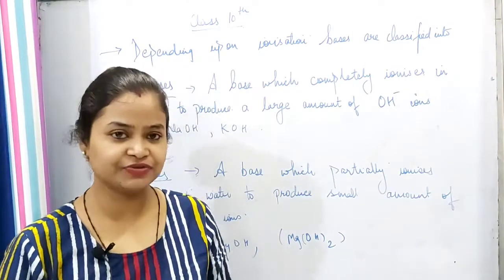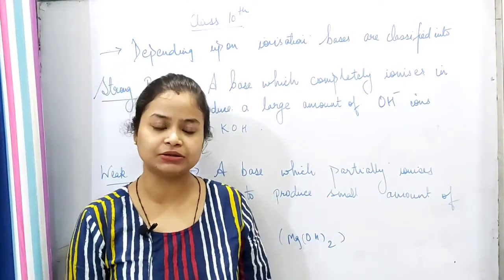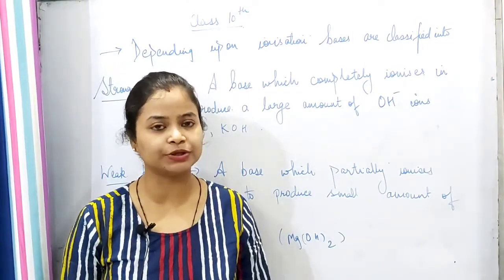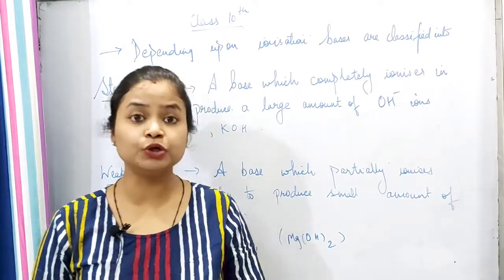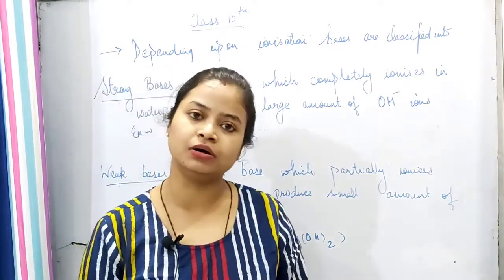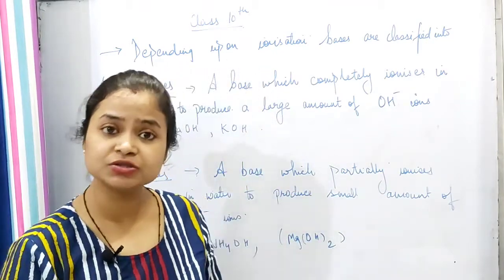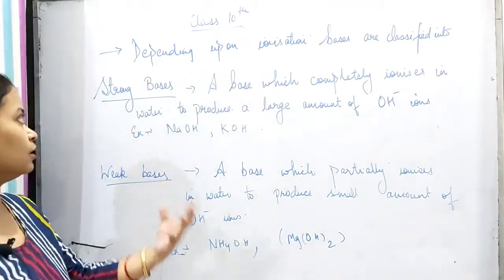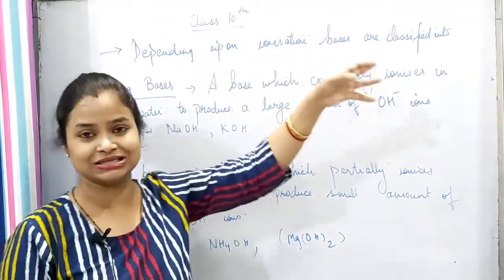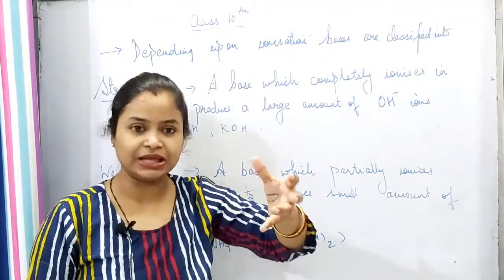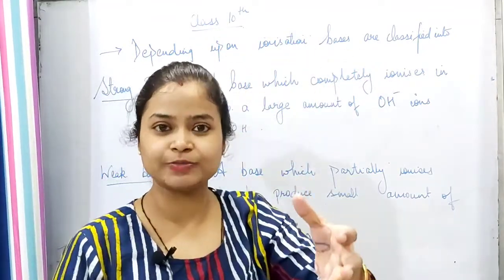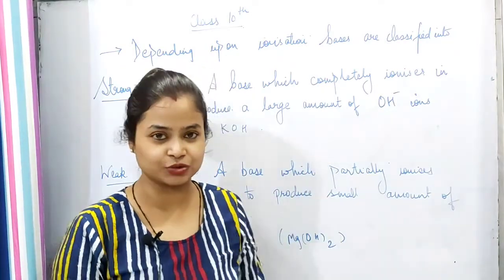Now see, as we have seen, bases have this property to produce OH minus ions on dissolving in water. So depending upon this property, that is depending upon the ionization, they dissociate and give OH minus ions, which is known as ionization only.